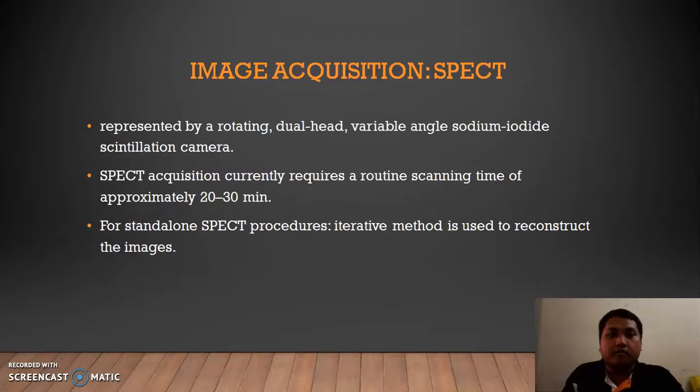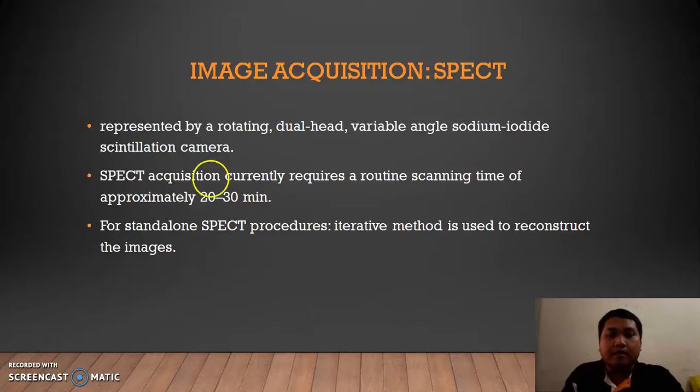Then we go to the image acquisition of SPECT. In SPECT image acquisition, it is represented by rotating dual head cameras, variable angle sodium iodide scintillation cameras. So in SPECT, the acquisition scanning time is approximately 20 to 30 minutes.